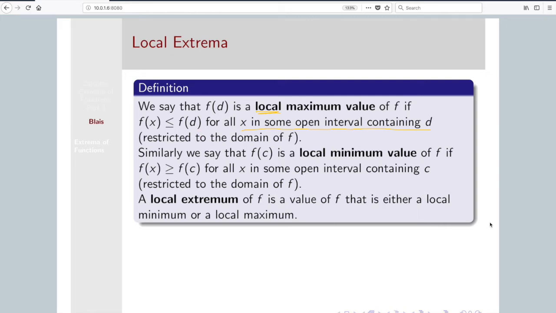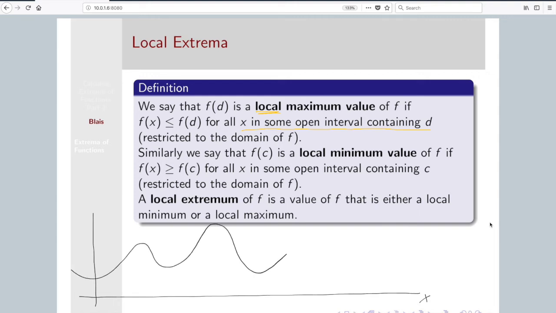So for example, if we draw a function, think about this peak here. This is a peak. If you think of this as the skyline of a mountain range, this is still the top of a mountain, but it's not the highest peak. But it's still a type of maximum value.